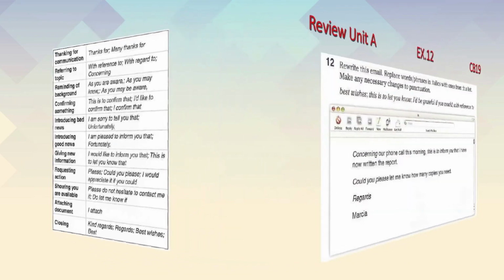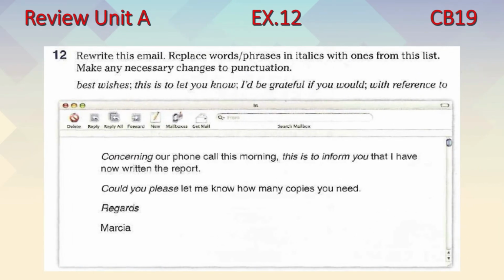Now, still on page 19 of the course book, exercise 12. Rewrite this email here. Replace words and phrases in italics with one from this list. So we have phrases in italics here. This one's concerning.